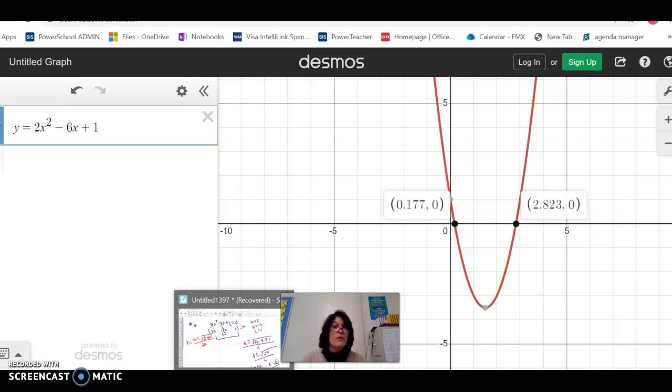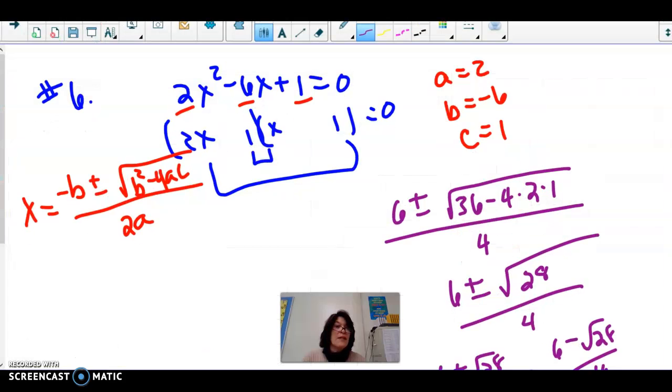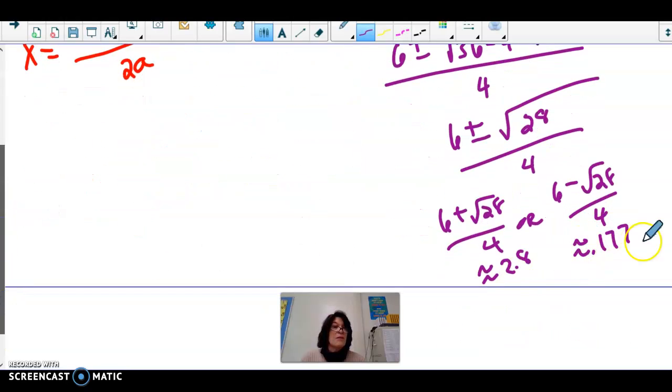My answers were correct, 0.177 and 2.823. That's what we got. The exact answers are 6 plus the square root of 28 over 4, or 6 minus the square root of 28 over 4. Those are the two answers. The quadratic formula gave them to me. There's no way I would have found that without the quadratic formula.